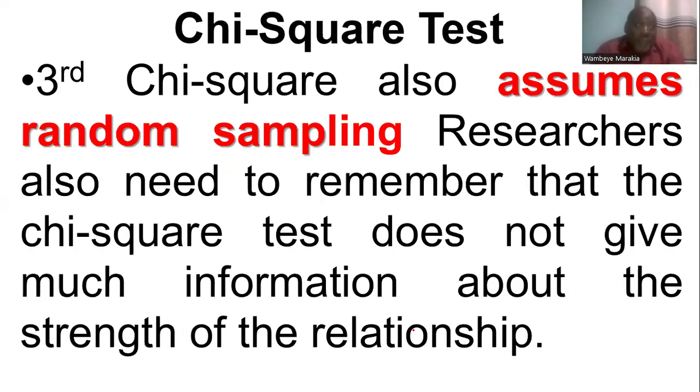We have also talked about random sampling as an assumption. And the chi-square test does not give much information about the strength of the relationship. In order for us to get the strength, we must follow with another test.